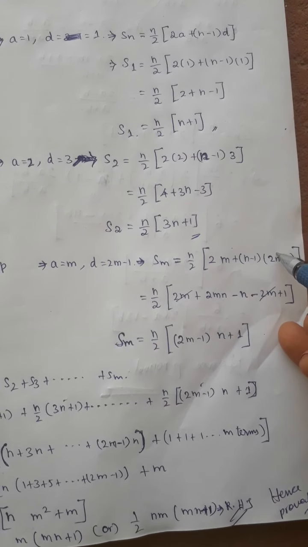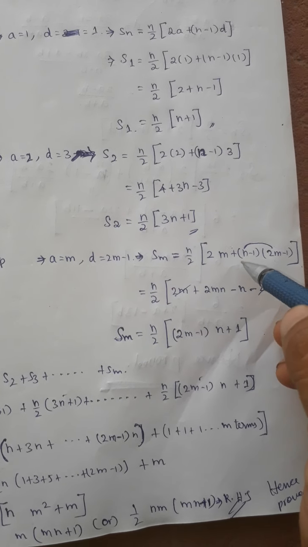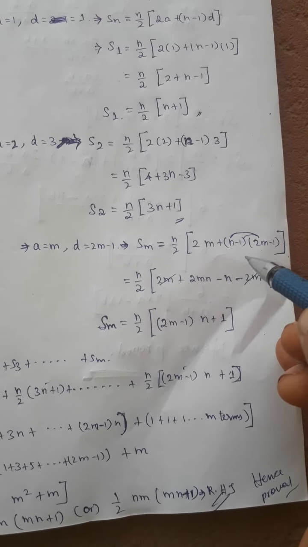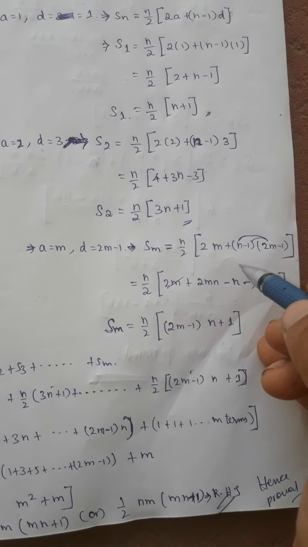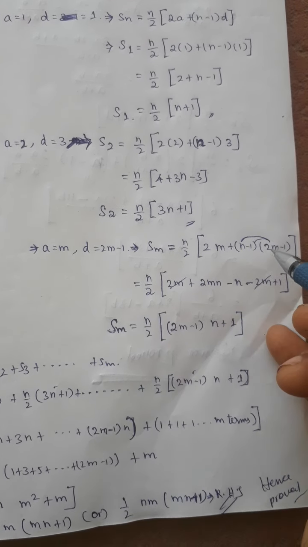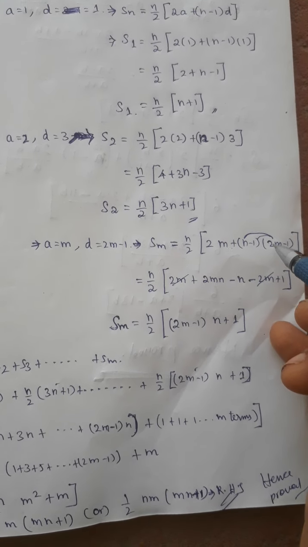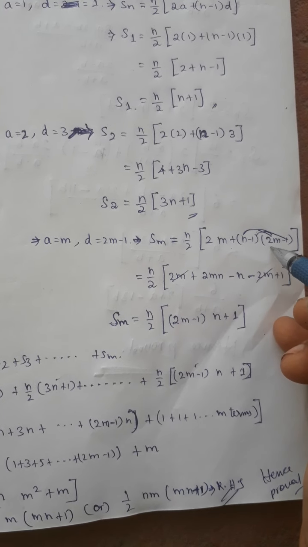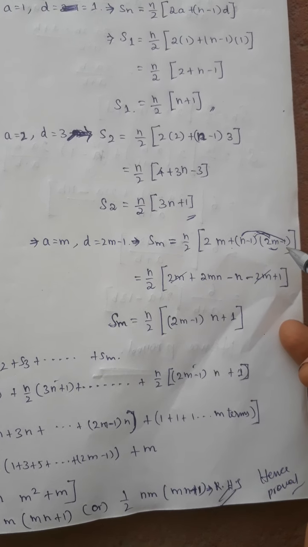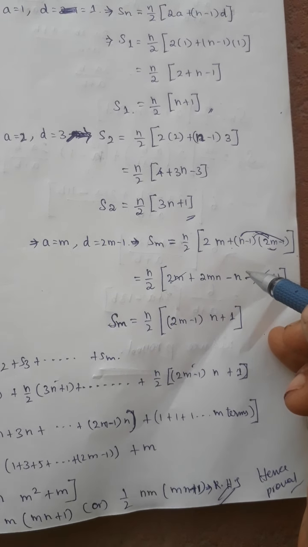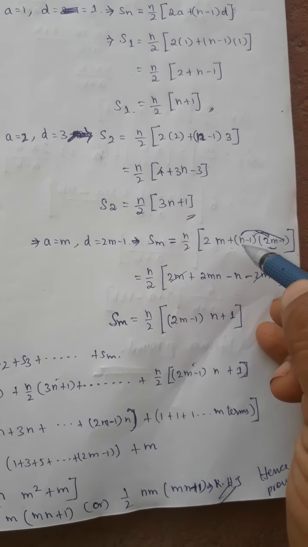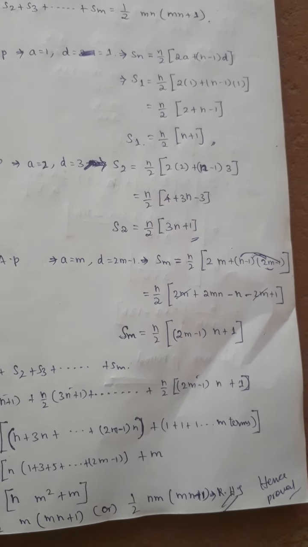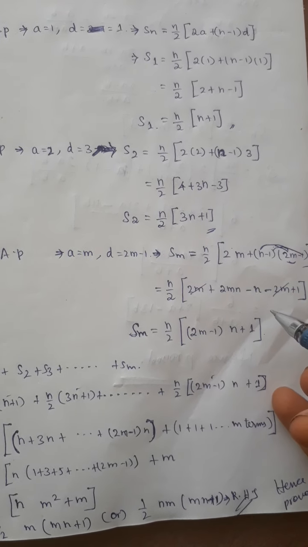If we multiply, 2m n, then n minus 1 into 2m minus 1: 2m times n is 2mn, then minus 1 multiplied by minus 1. First we take 2m into n, then minus n, then 1 times n is n, 2m minus 1 minus 2m, minus into minus plus 1. Then cancel the plus and minus values.